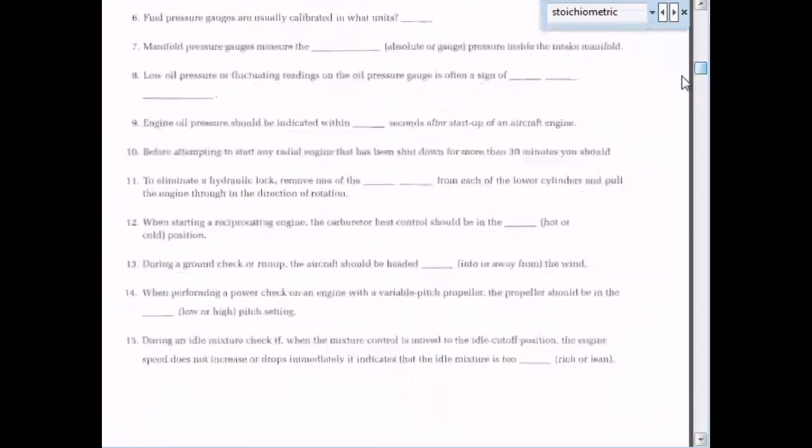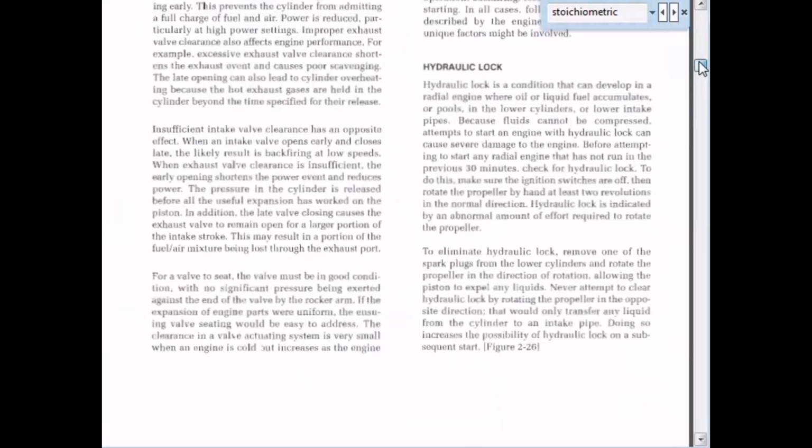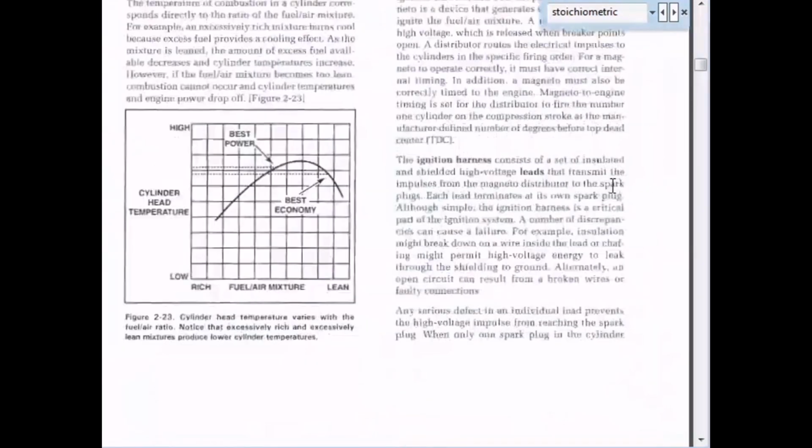Ni dia. So the stoichiometric mixture is here, dekat puncak ni. Tetapi if you look in this graph, the best power is here.